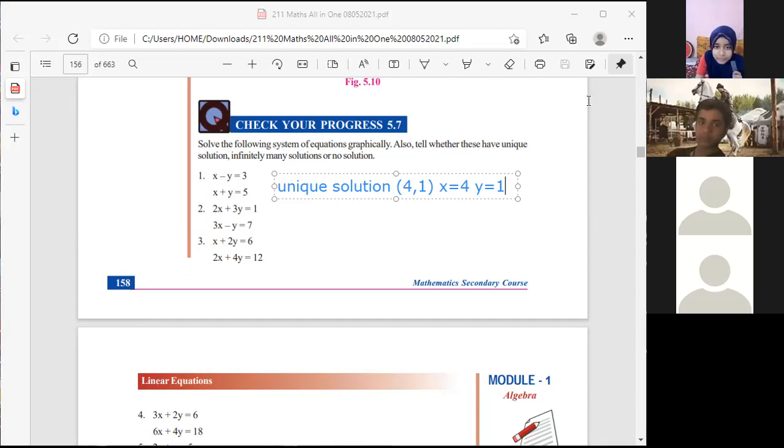Now look at the second question. Again, for the second question, what will we have to do? We will have to make tables. So very quickly start making the tables so that we can find the coordinates and write them.